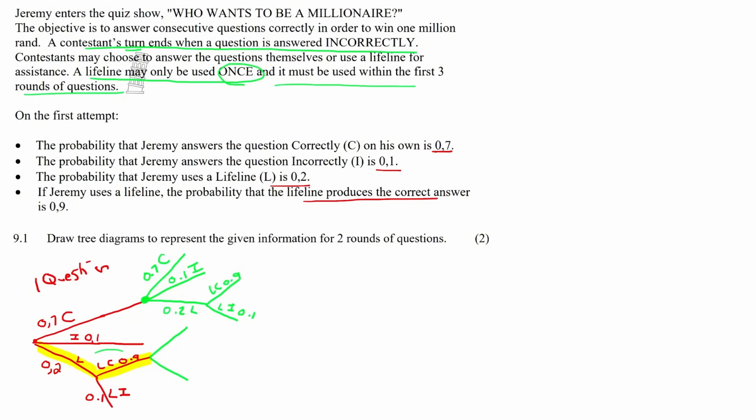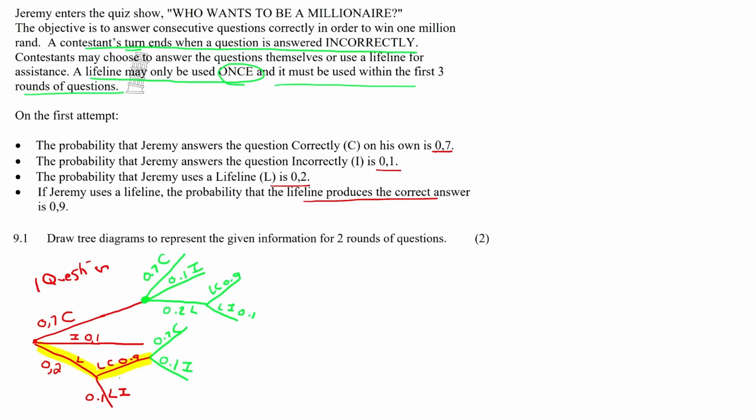So he's already used his lifeline if we're using this branch. So the only options now is that he gets it correct with a 0.7 chance and incorrect with a 0.1 chance. Okay, so that is a little bit weird. That's the first time where those are not going to add up to 1 because he's not allowed to use a lifeline. So that's actually the first time I've ever seen a tree diagram that doesn't add up to 1 over there. So that's quite unique.